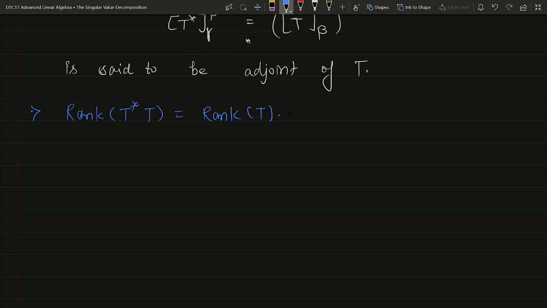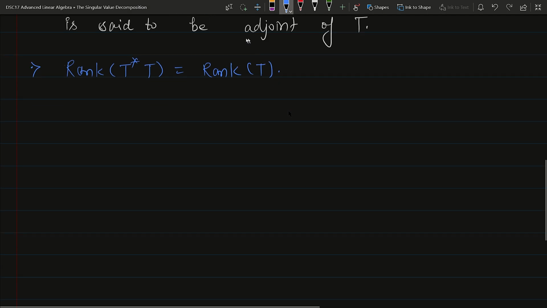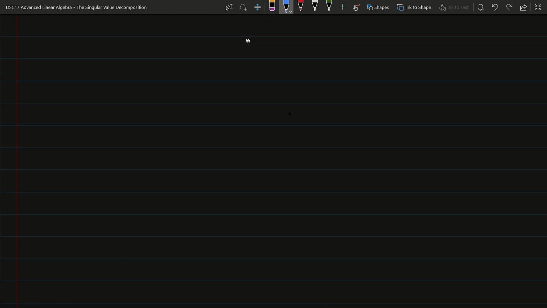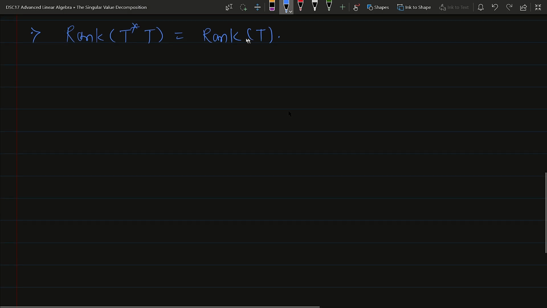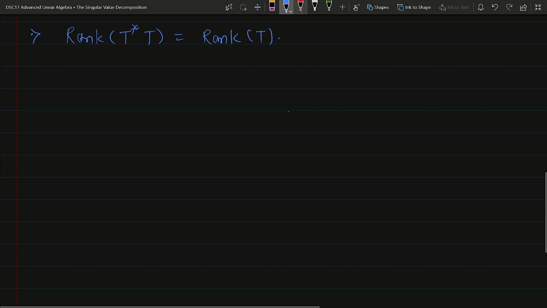Now based on this discussion, we are going to define the singular value theorem for linear transformations. So we are defining the definition. We will define it for both matrices and transformations. Okay, as per the syllabus we only need to discuss the definition, but still I will write some important statements here.